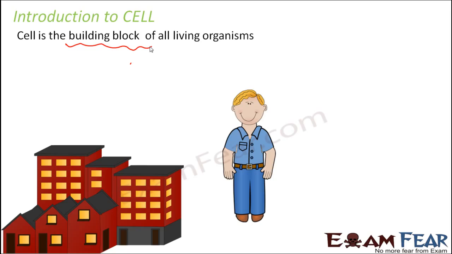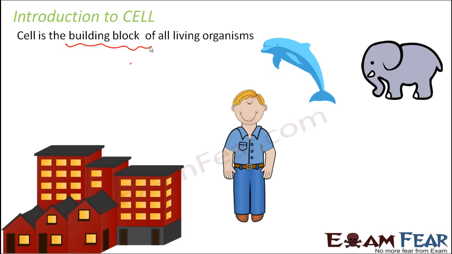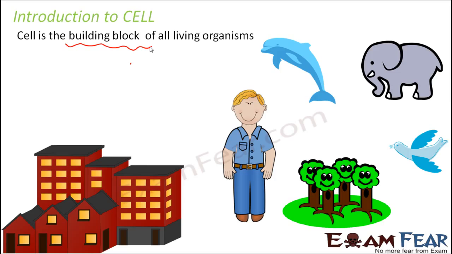So we can say that bricks are the building blocks of this building. In a very similar way, when we talk about living organisms, whether it is a human being or a dolphin or a huge elephant or a bird or even the plants which we see around us, all of these are living organisms. They are also made up of something, and that basic unit is nothing but a cell.